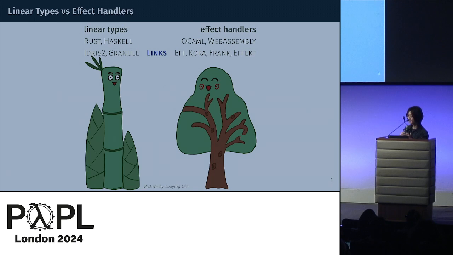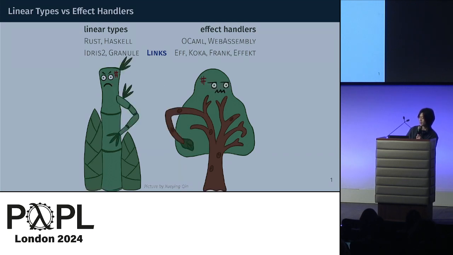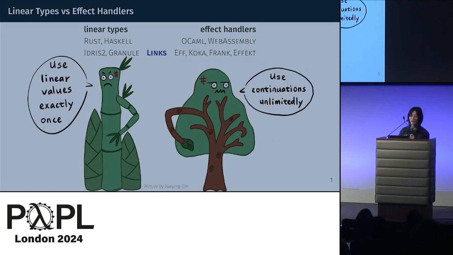And Links, a research language developed in Edinburgh, has both these features, but Links is broken because linear types say that I guarantee something is going to be used exactly once, while effect handlers say that I give you first-class continuations, and you can use them anytime you want. So my talk is about how to make them happy with each other.